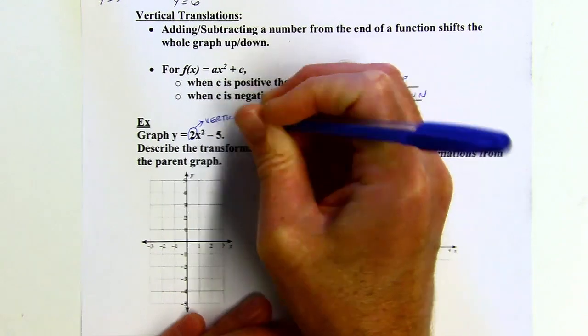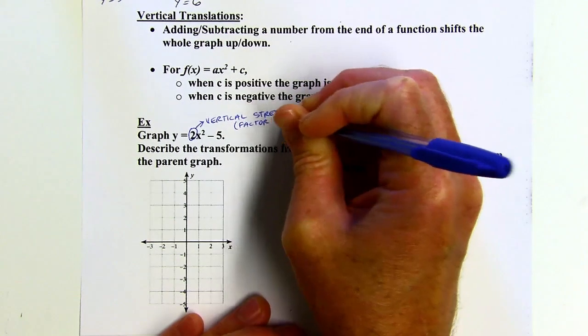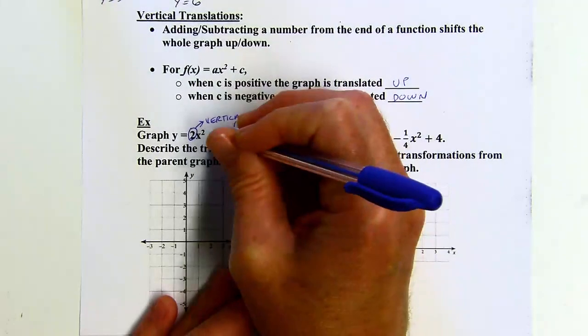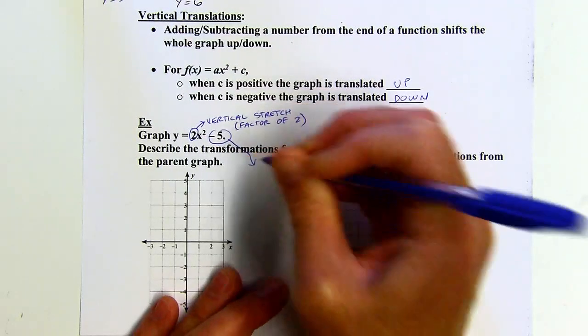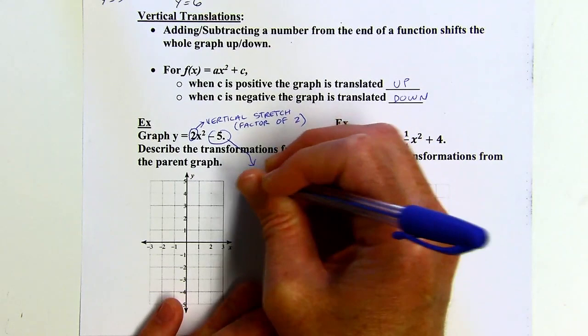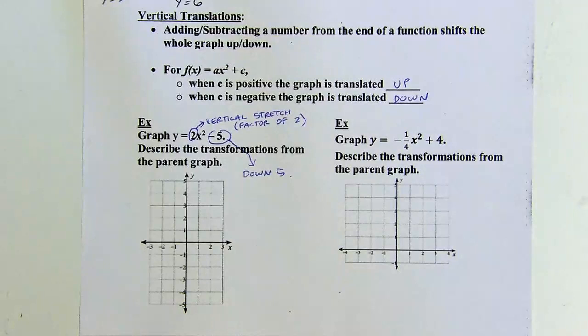Okay? And then the factor of that would be 2. Okay? And then the -5 is going to translate 5 down, or you can just say down 5 for me, but technically translate down 5. So that's my explanation of the transformations.